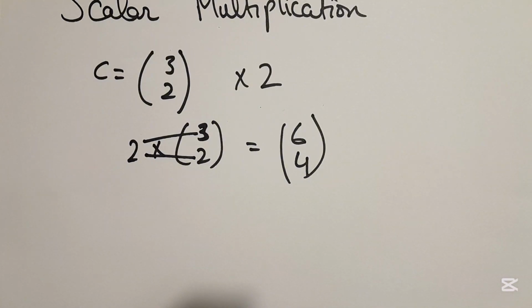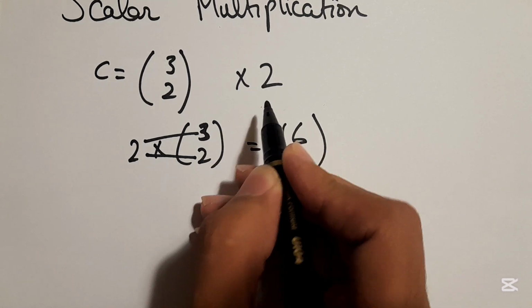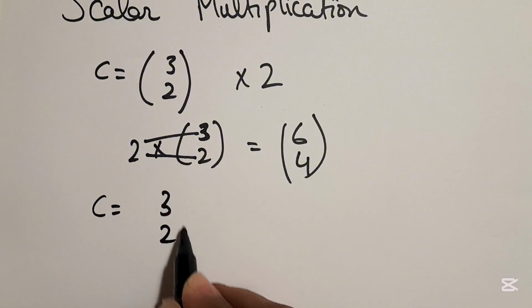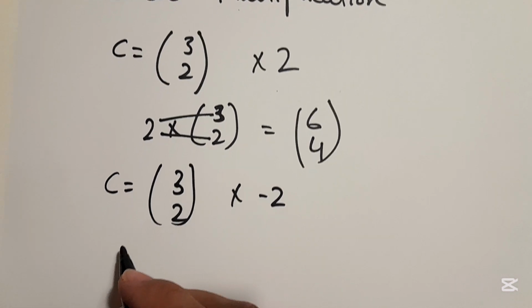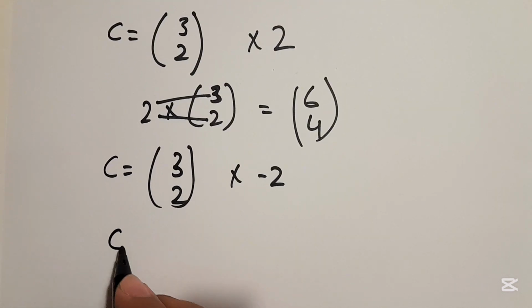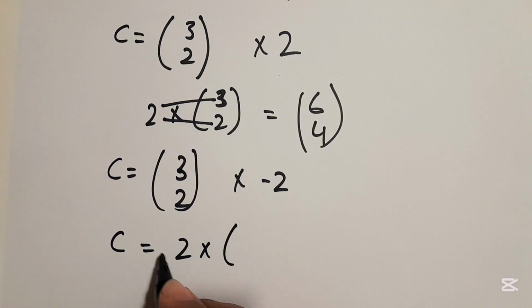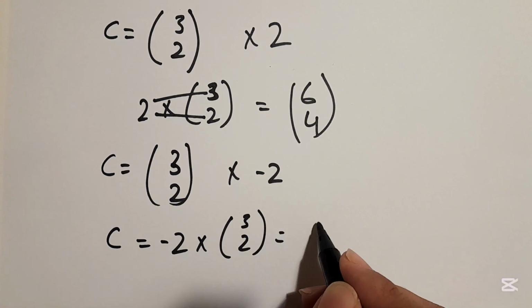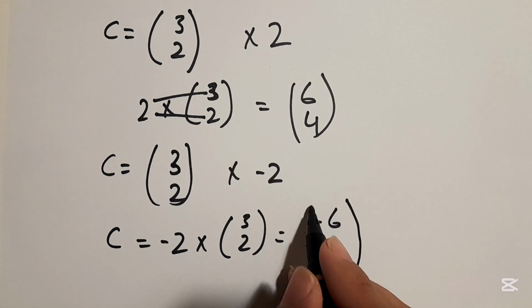For example, if the scalar is a negative value, meaning instead of plus 2 it is negative 2, we write (3, 2) multiplied by minus 2. So the answer is (-6, -4).